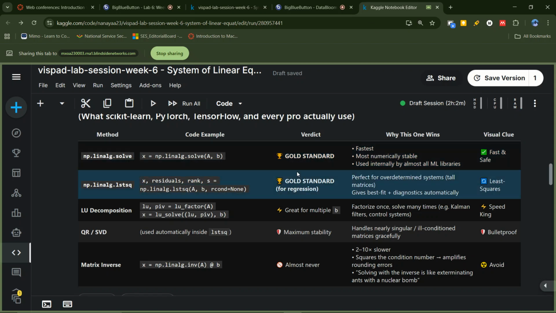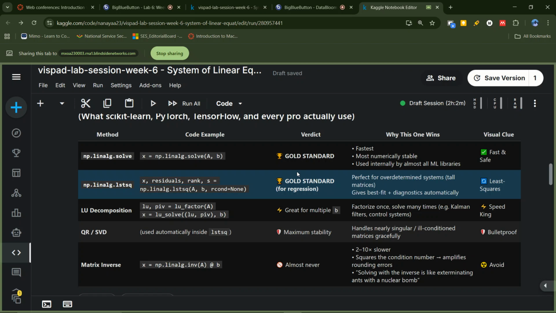Now that we've learned Cramer's rule, inverses, LU, here's what real-world machine learning systems do. At some point when you're programming, you do model.fit. Model.fit is a concept in machine learning. I don't know if some of you have done machine learning before, but if you haven't, that's fine.